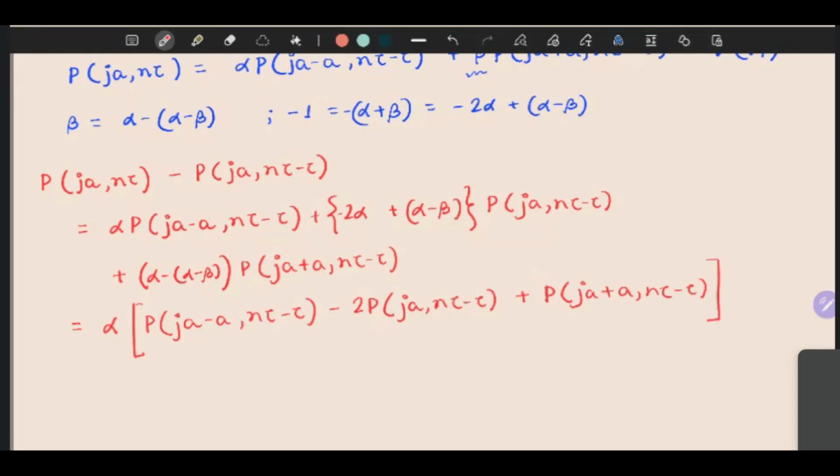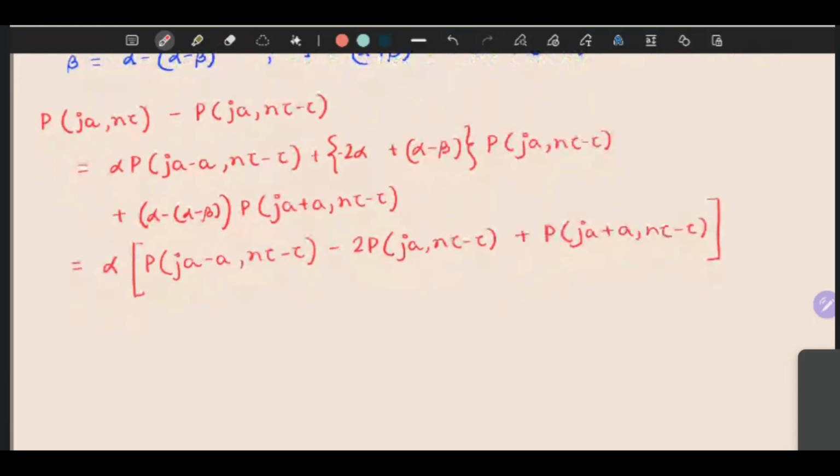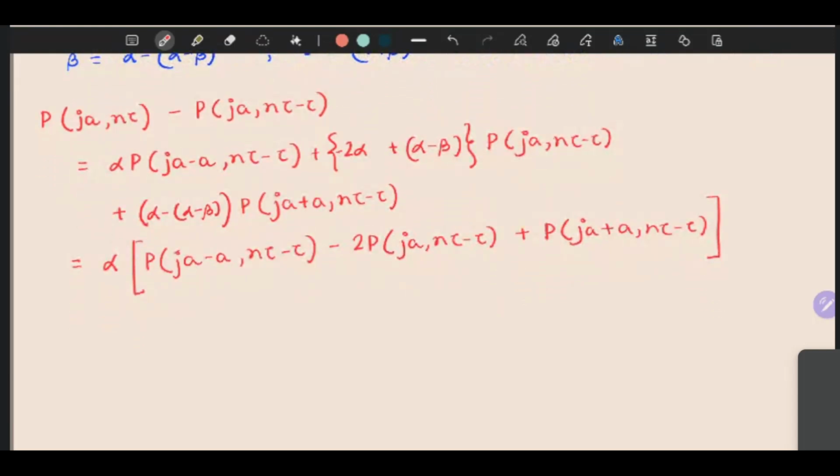Okay. Now for the minus of alpha minus beta, you can write it like this: minus P.